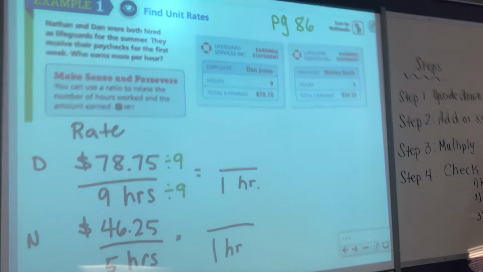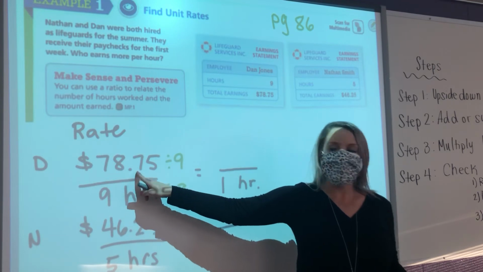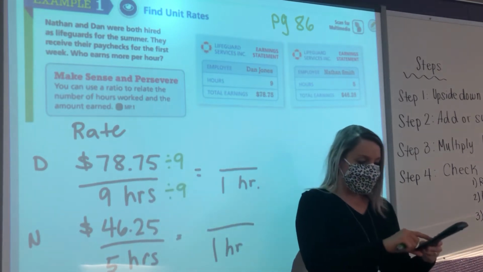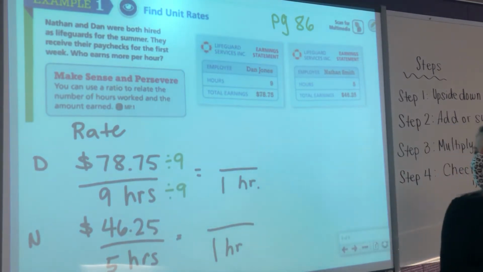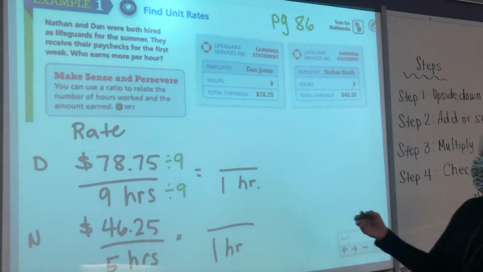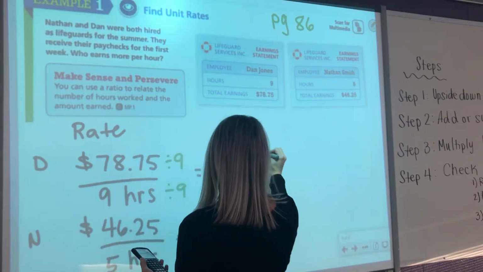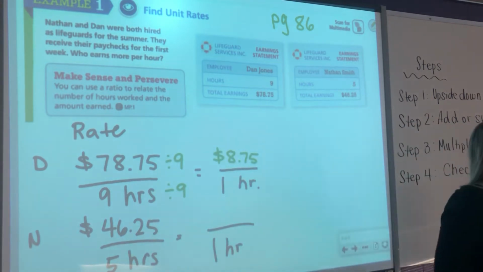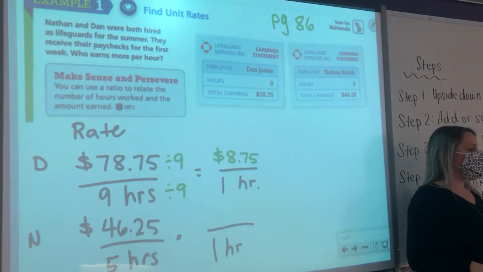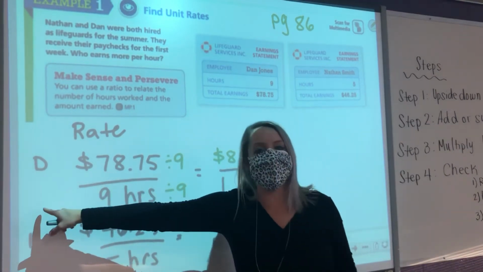Now when we do that, we type it in exactly. 78.75 divided by 9. So in our calculators, 8.75. Okay, so $8.75 per hour. So we know how much Dan makes per hour.